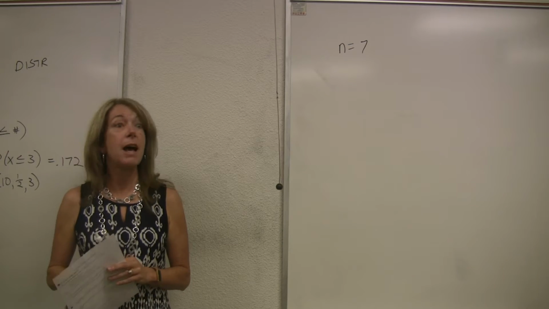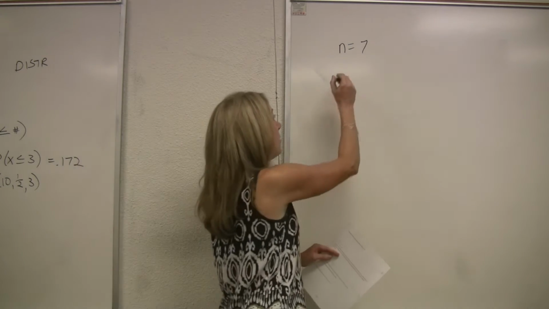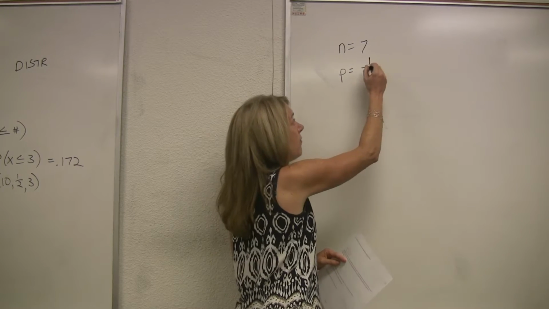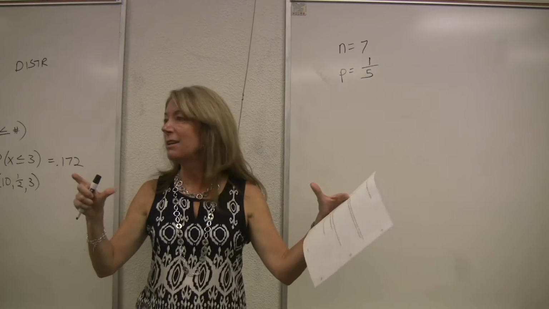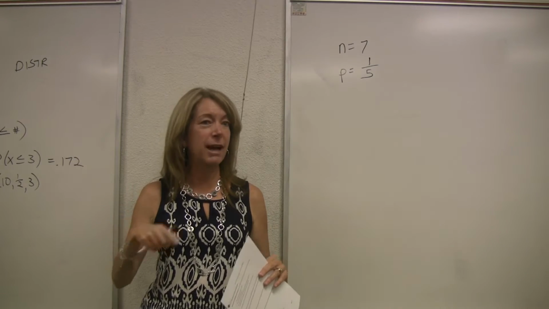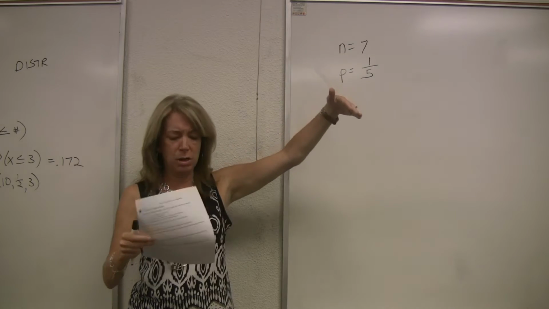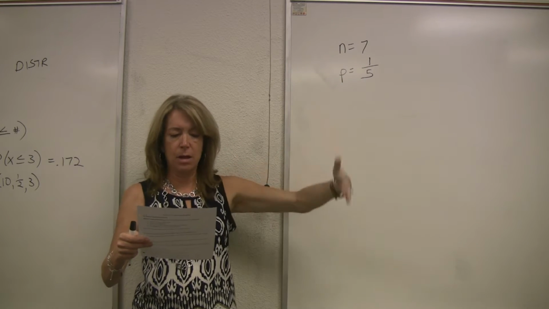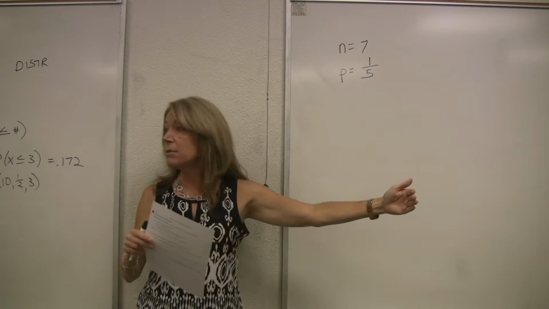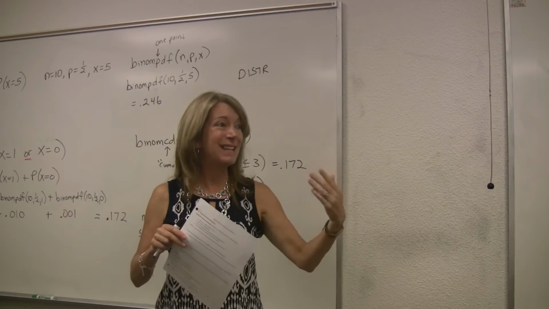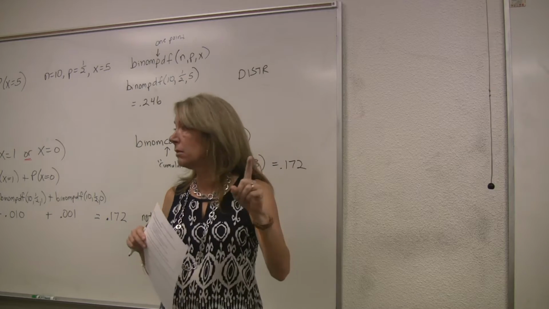It comes in with the probability. The probability of guessing correctly is 1 out of those 5 bubbles. There's A through E, and only 1 of those 5 is correct. The 7 is because he or she is guessing 7 different times, and p, the probability of guessing correctly any one time, is 1 out of 5.